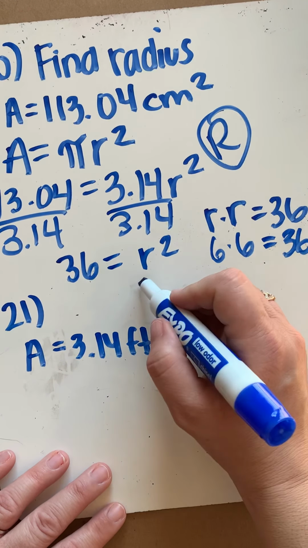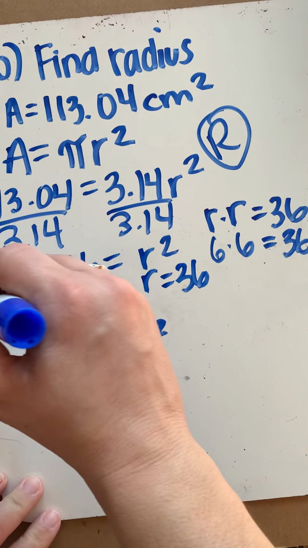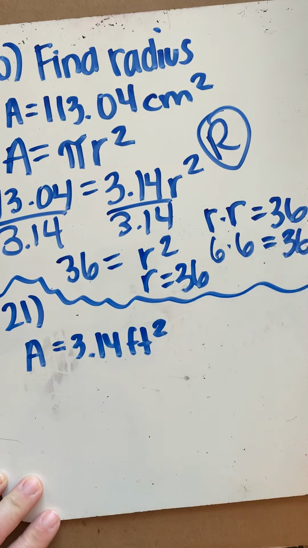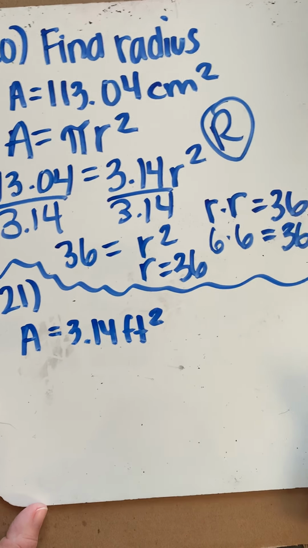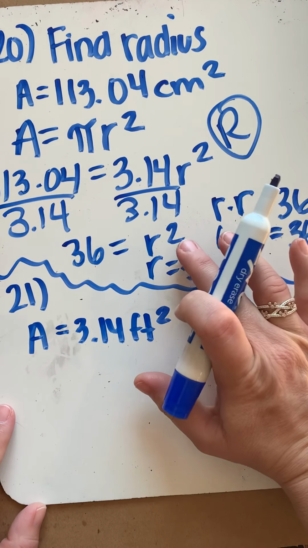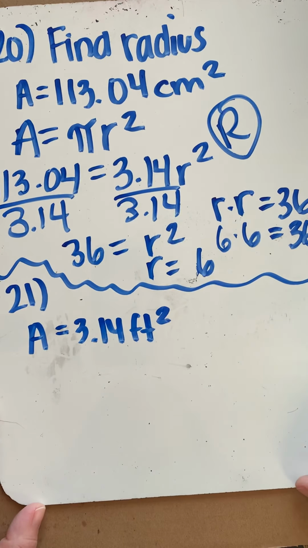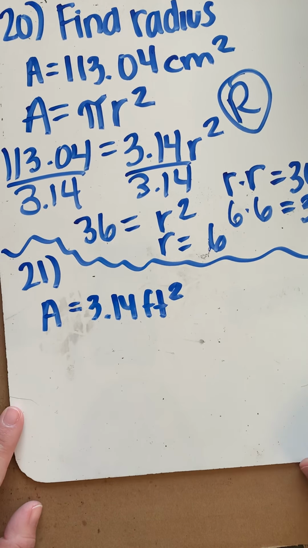So that means r equals 6. And we're running on to the next problem. Sorry about that. I write big, as you guys know. So our answer is r equals 6.